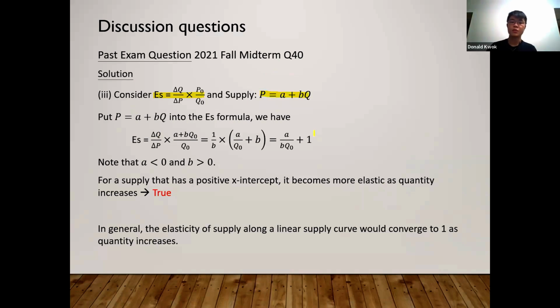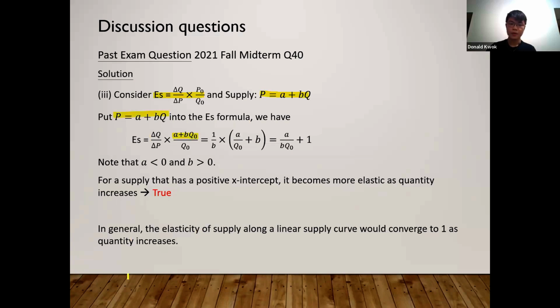So why do we need to do so? Because we would like to consider how a change in quantity affects the elasticity of supply. So we would like to have only one variable in the formula of elasticity of supply, and we would like to use P equals A plus BQ, the supply function, to substitute away the variable P. Okay, so this is what I'm trying to do here.